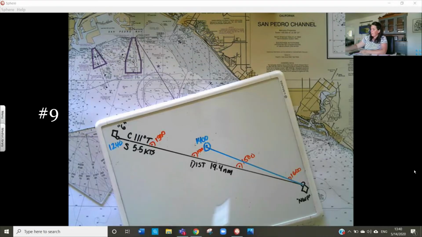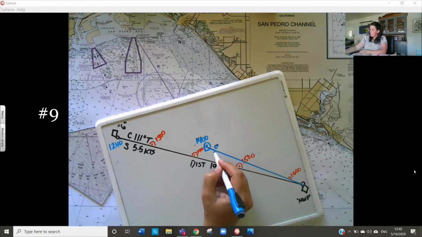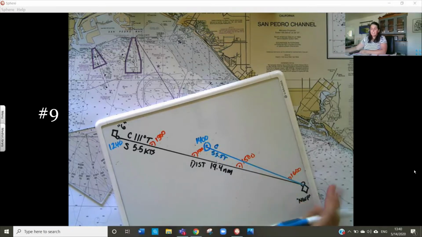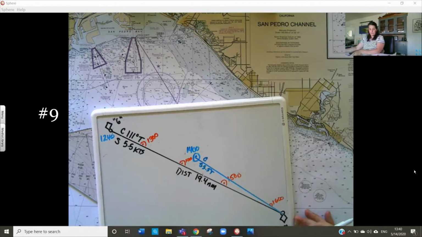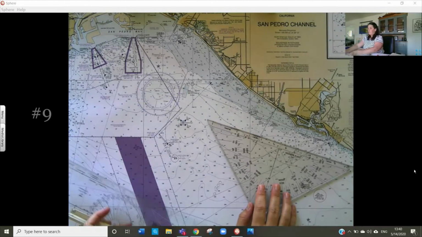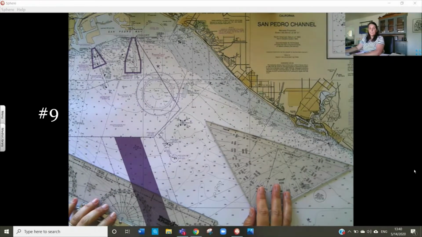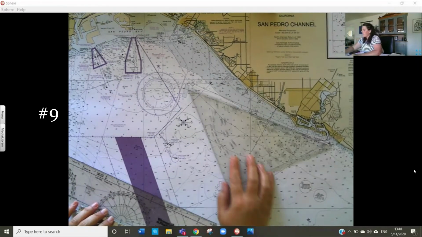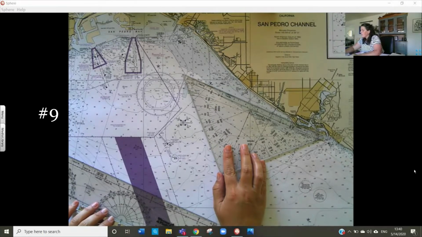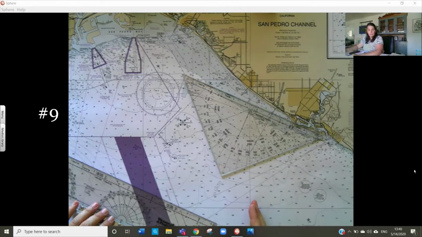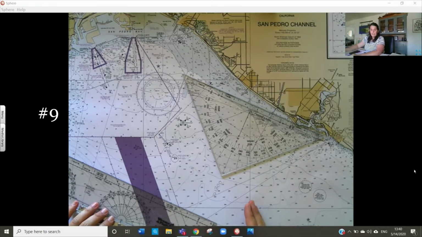So I want to get the course. My speed is still 5.5. And what is my new ETA to the buoy? Using the triangle first, I can line up the new track line and the meridian on the triangle, and I get a new reading here.